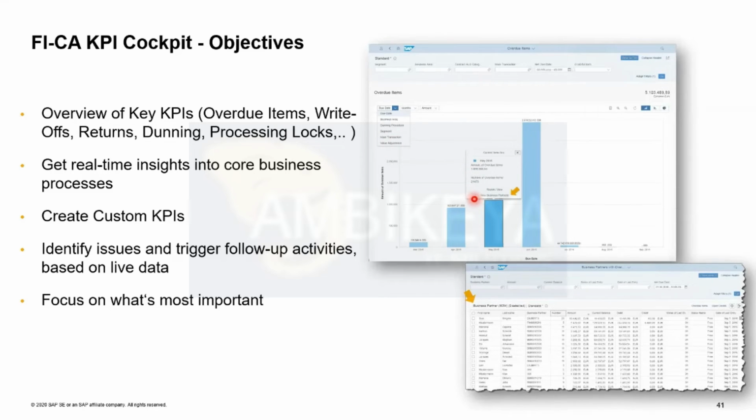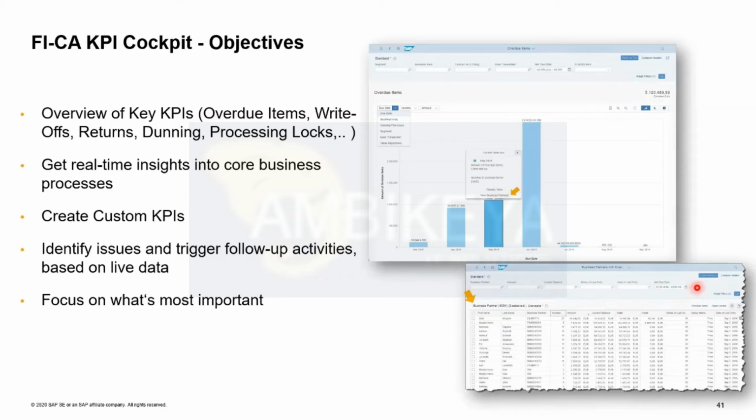And you can as well have a look at the business partners which are behind this bar. And then you get a list sorted by the amount, for example, and you can mark business partners and press here and create a work list for the clerk working in the backend, so to say, who writes those old items off, or does anything else on those items.